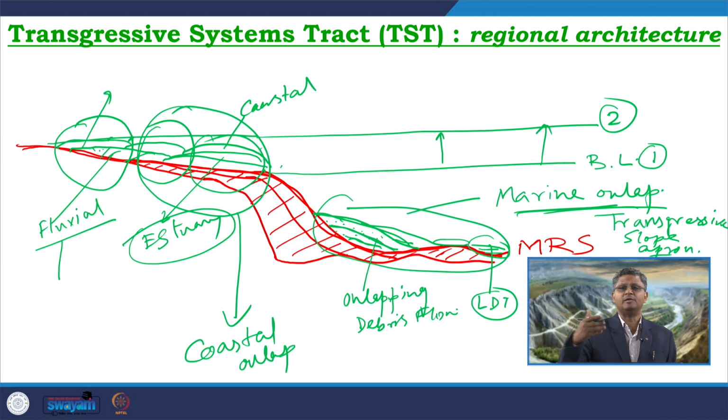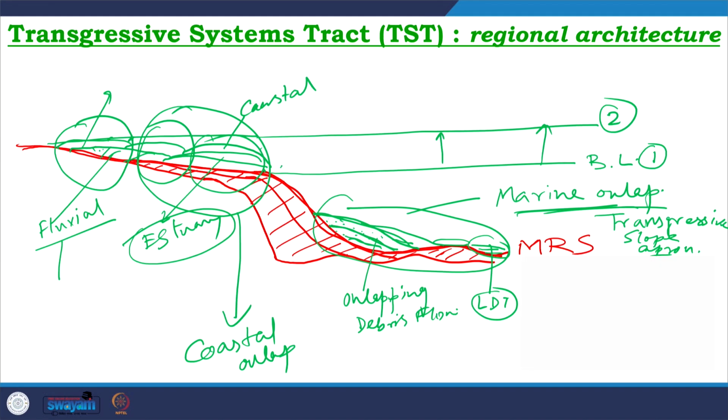So, different terminologies are used, but basically we get distribution of the sedimentary packages in the form of a retrogradational pattern in these zones across the entire basin. So, the effect of this transgression is visible in terms of sediment deposition, in terms of formation of sedimentary succession across the entire basin.